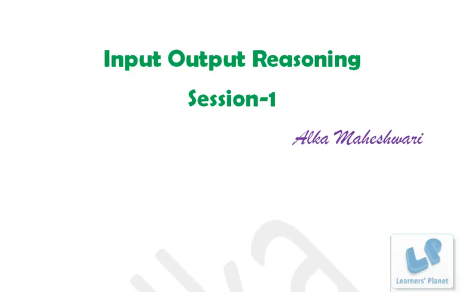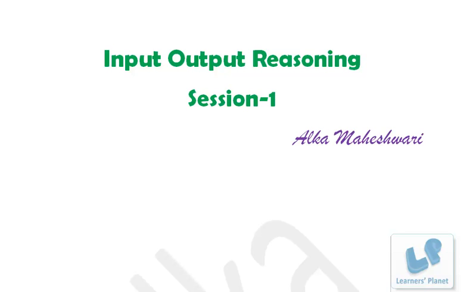Nothing is fixed. In the examination, a comprehension is given in which the input is provided, and 4 to 5 or sometimes 6 to 7 steps of output are given. Now students have to identify and relate the input to the output.